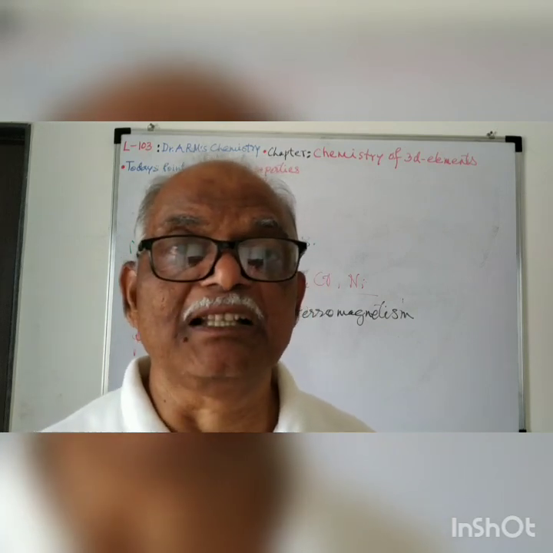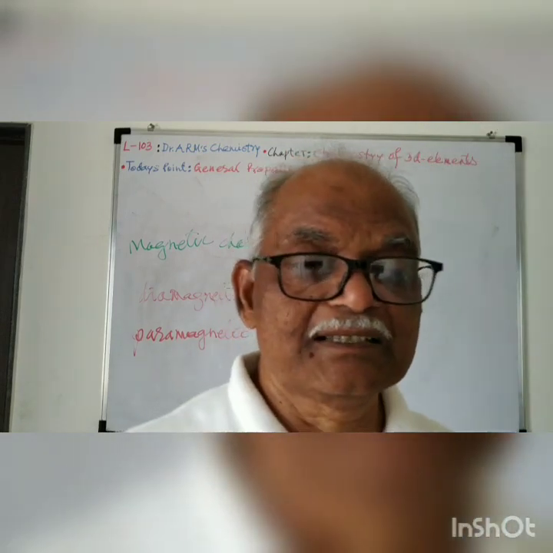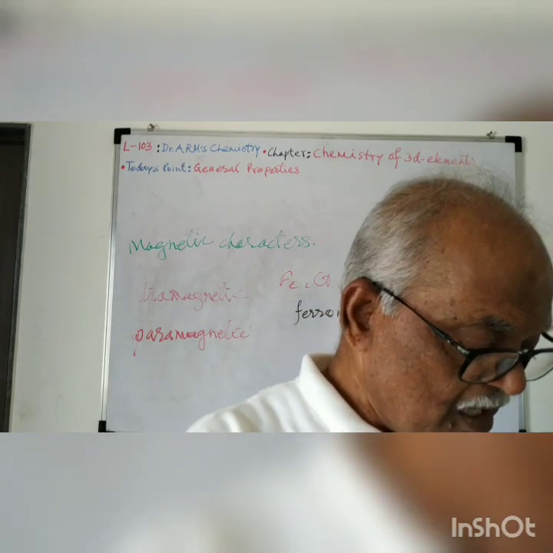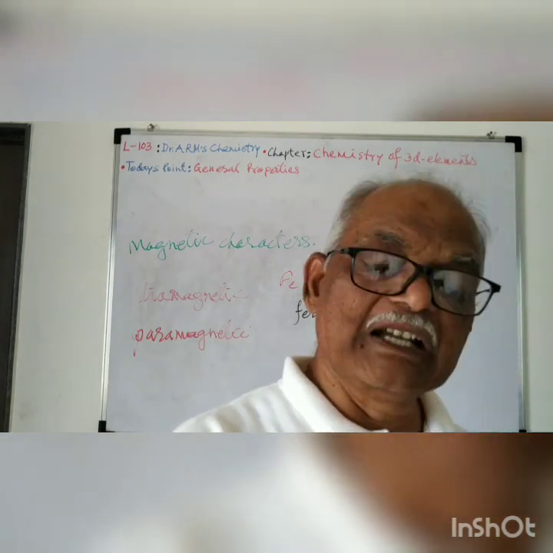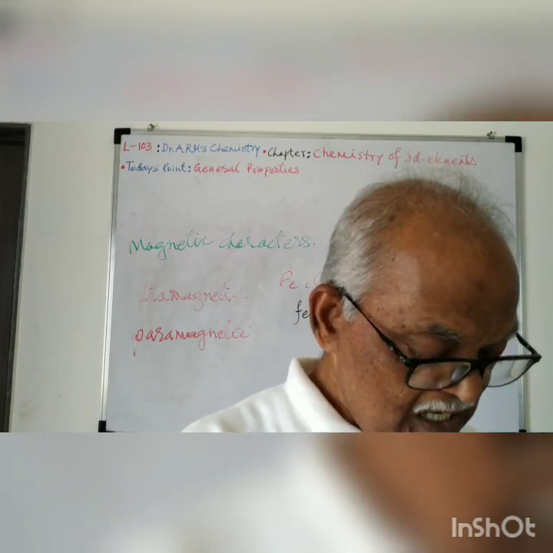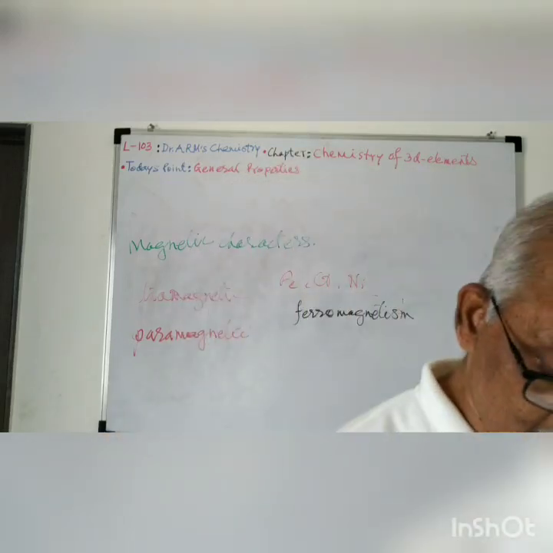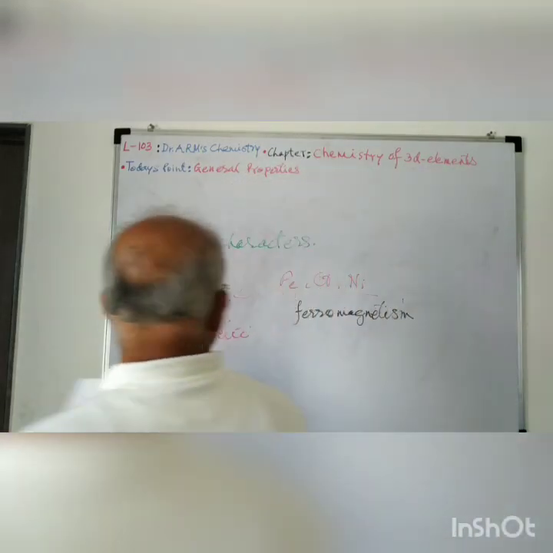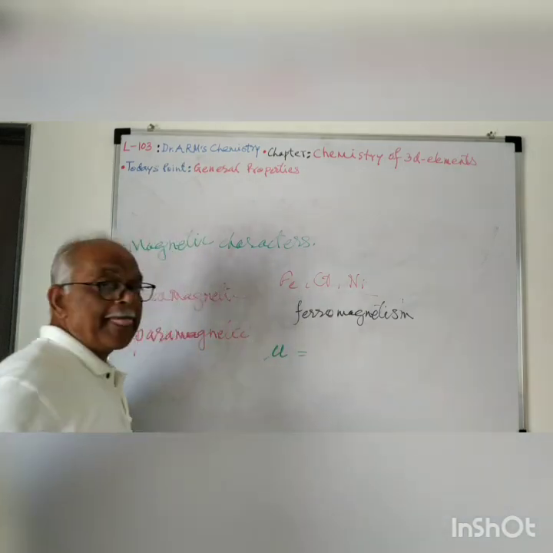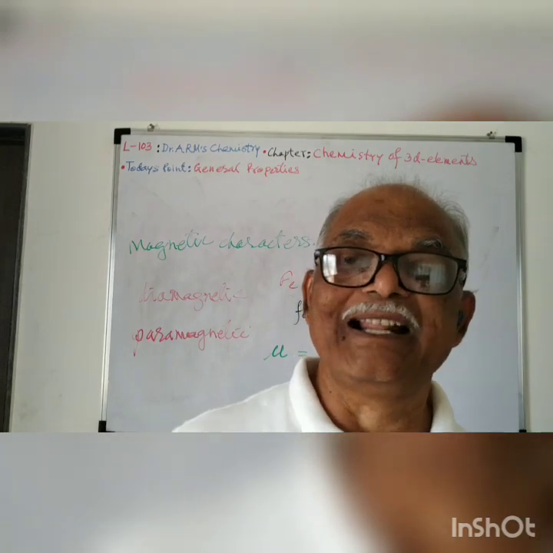Here the sample is weighed, and from the change in weight of the substance, by using this experimental method, we can find the magnetic moment of the substance, that is mu.